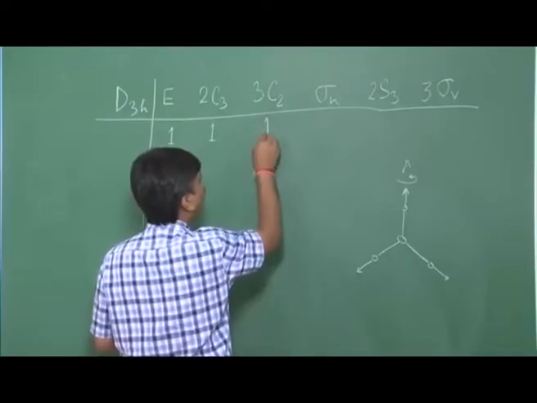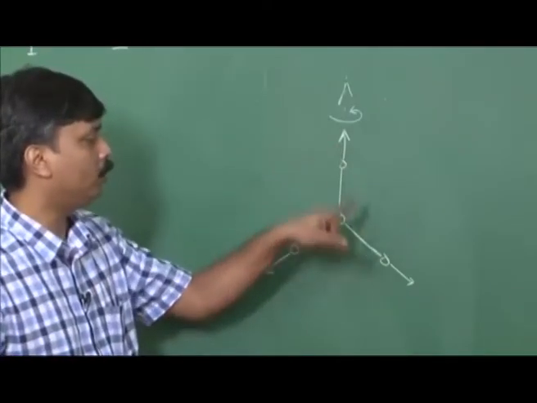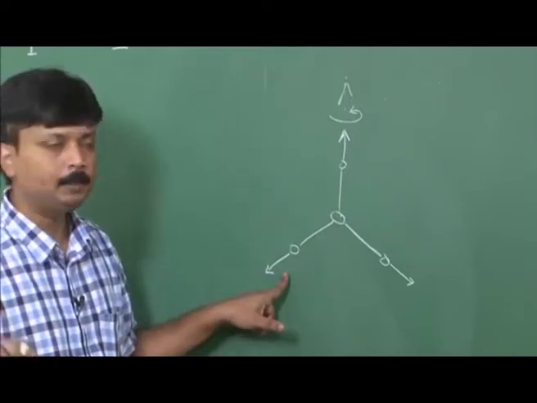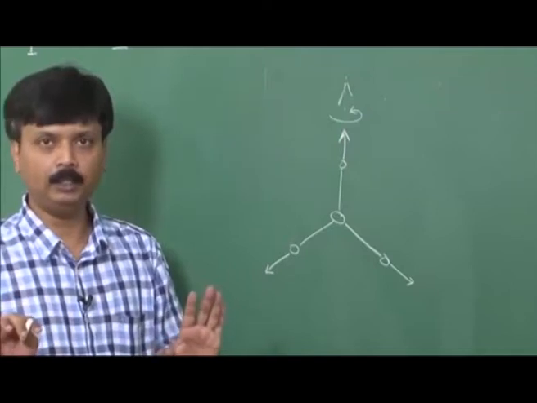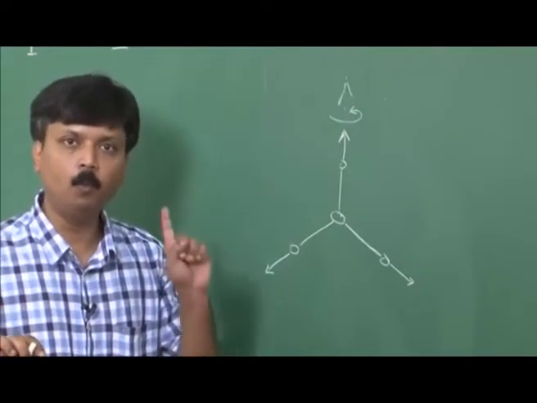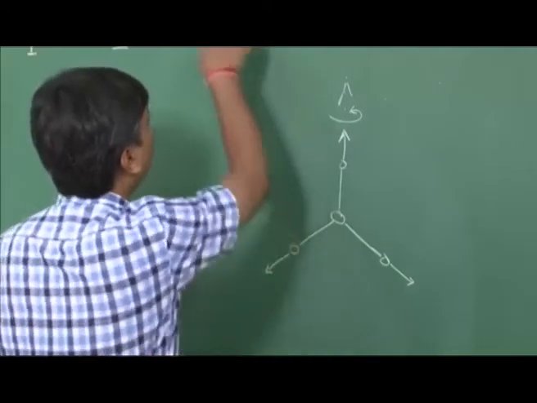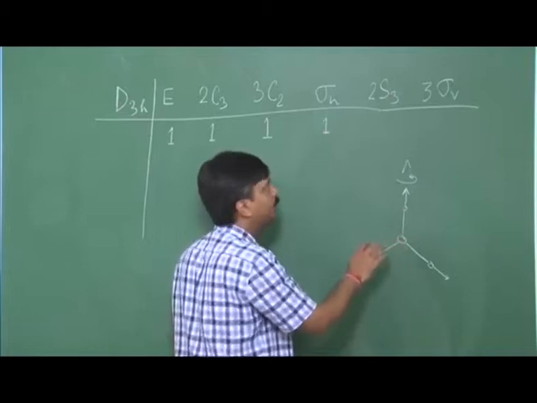And while I am writing these characters, I am reiterating that here I am not taking these 3 as separate basis vectors, but as a whole this is my structure, and this is as if acting as one basis function, all right. So similarly sigma h will also give me 1 because there will be no change.